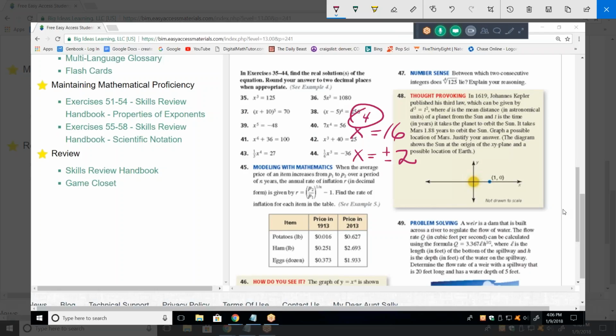That's what you're always looking for. If that exponent is even, your answer is always plus or minus. If the exponent is odd, then the answer is either plus or minus, but not both. It's one or the other. Okay. So 41. Next line. Read the next line to me.